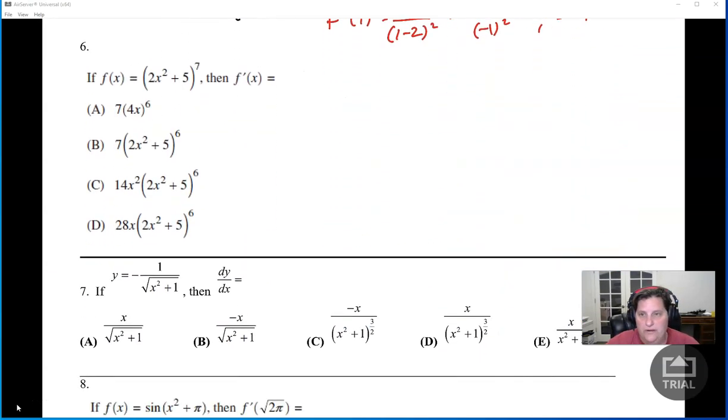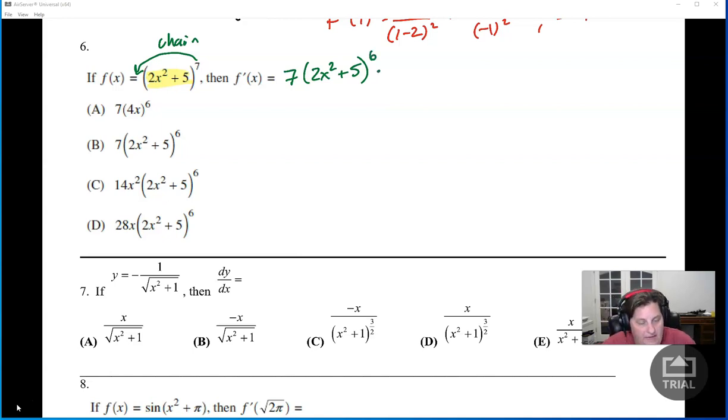All right, sweet. Let's go back to a couple of kind of easy ones here. This is a chain rule. I can tell because it's a function inside of another function. Remember that when we do chain rule, we bring that down in front, so it's 7. Now, leave all of that the same to the 6.